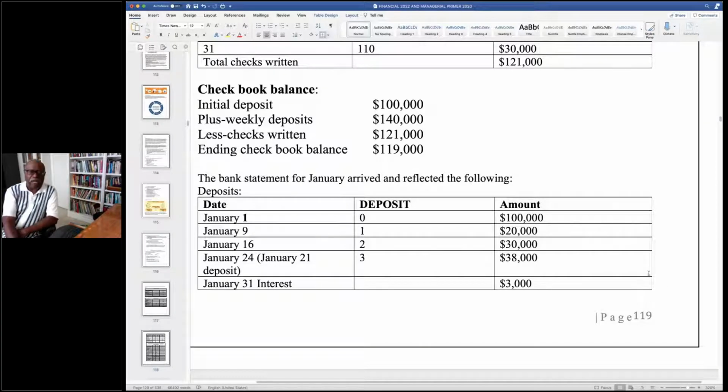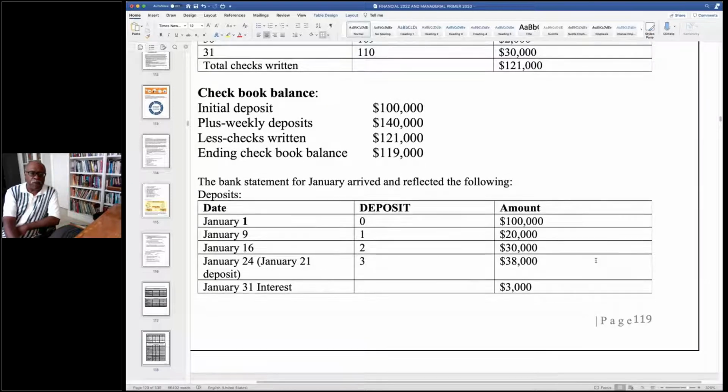Well, the bank could have made an error. They could have shorted you 2,000. That's why you're doing the reconciliation, in case they keyed it in wrong. Or your employee could have recorded it wrong. Instead of 40, he should have recorded 38, and you would say, don't make that mistake again. Or it might have been 40,000 that came in that week, but he put 2,000 in his pocket and 38,000 in the bank.